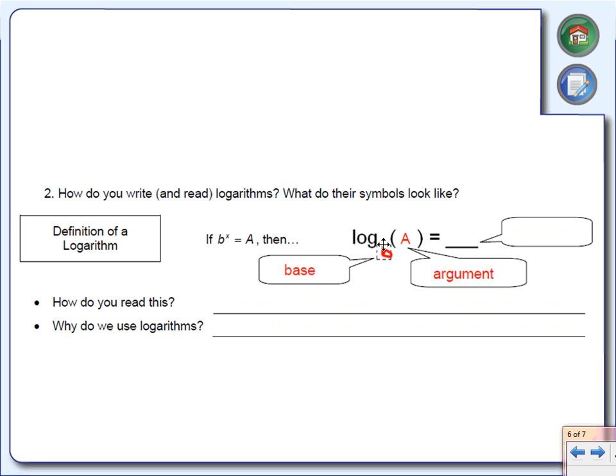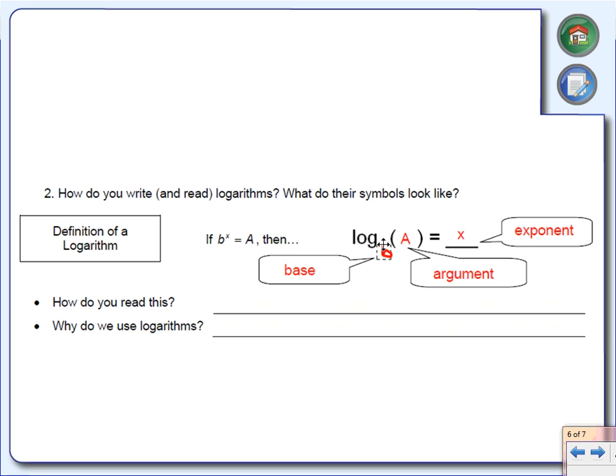And what is the x called? What is that little number on the top right hand corner? There you go. It's called the exponent. Okay, so we got this log with a little b, then an a in parentheses, equals x. Now the question is, how do you read that big old mess there? We don't say log b a equals x.